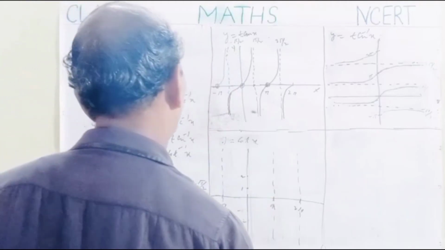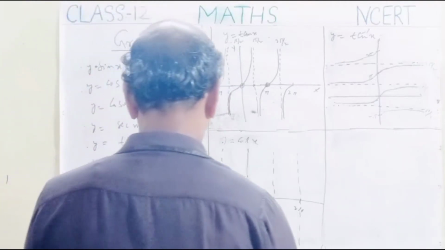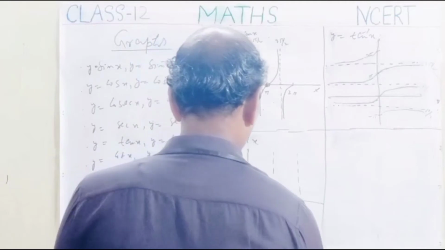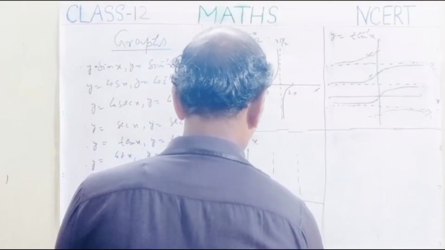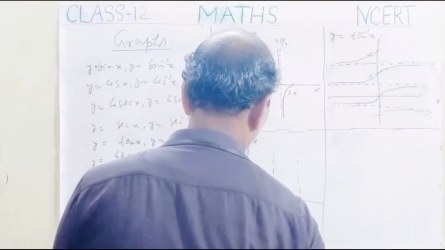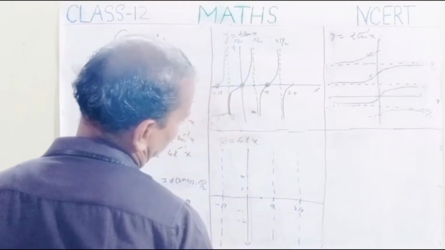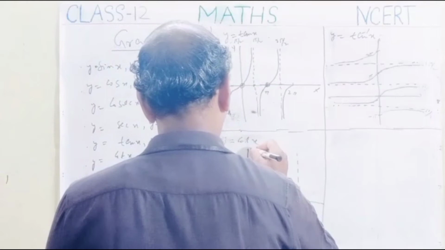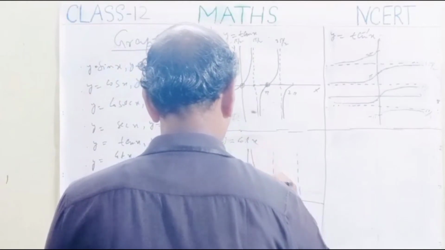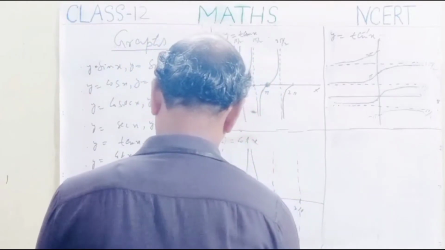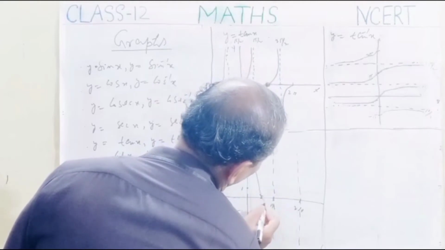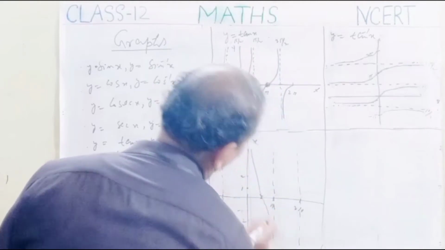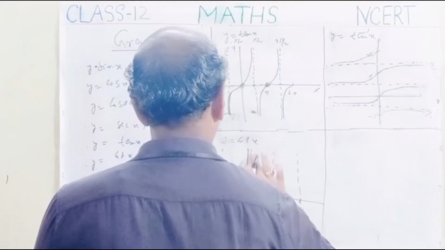For the pi by 2 case, here it is pi by 2. The cot of pi by 2 is how much? It is 0. And at 0 it is not defined. So this graph will be something like this, going to that.